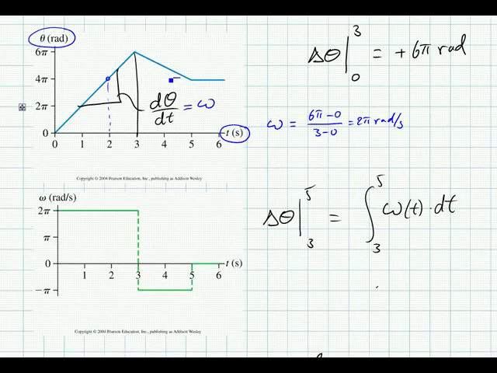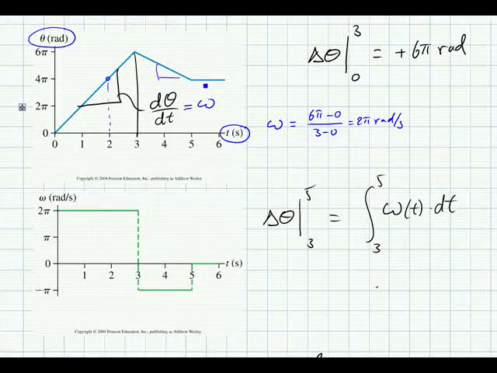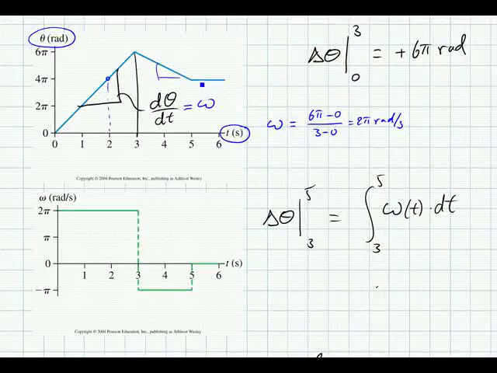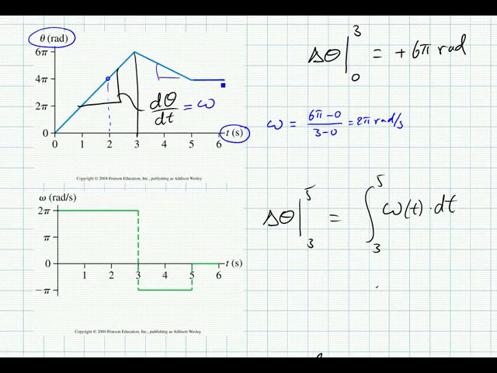Similarly, as you can see, in this region we have a negative slope, i.e. a negative angular velocity, and here we have 0 angular velocity.